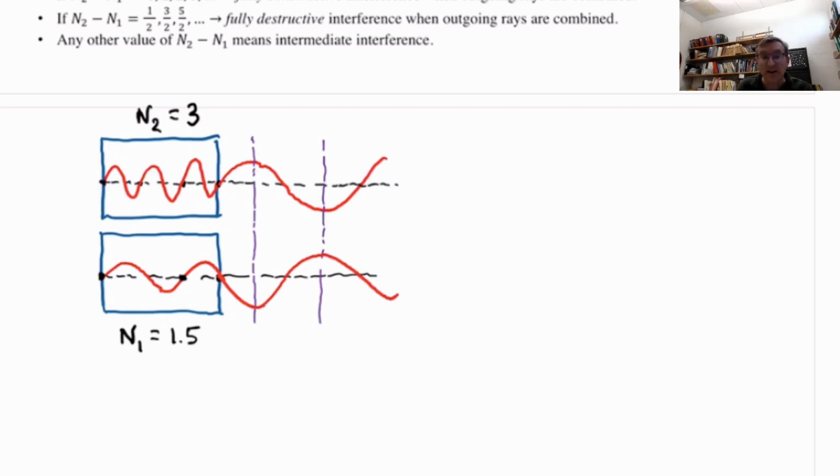Okay? Same wavelength in those outer regions, but notice something now. The upper wave in the air, say, was at a maximum, the lower one's at a minimum, or vice versa, there and there. These two waves are now pi radians, or a half wavelength, out of phase.